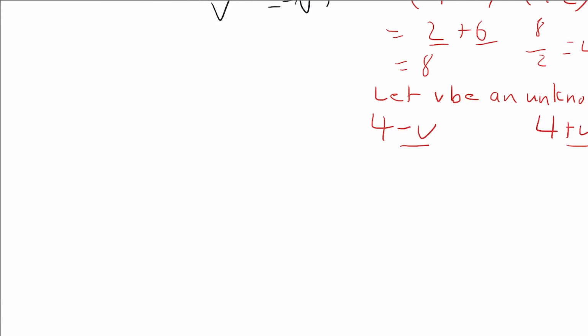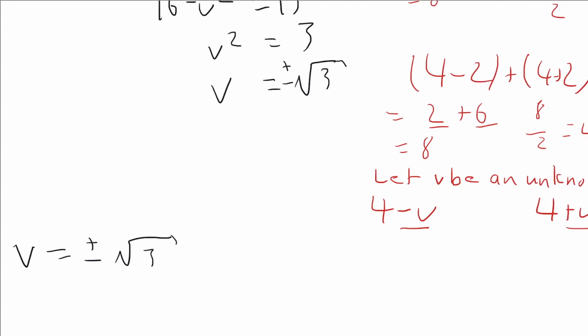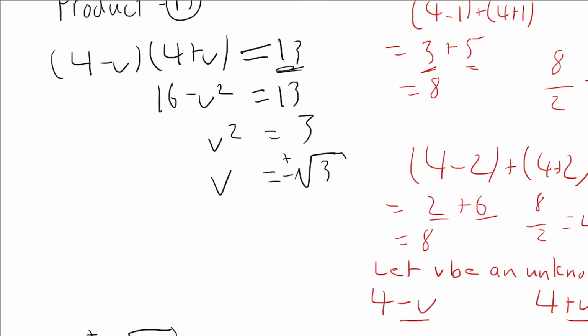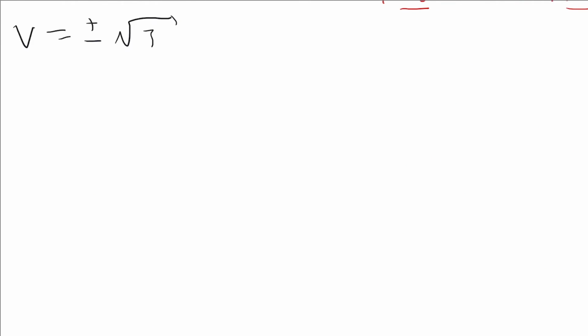So let me just rewrite this down here. v is equal to plus or minus the square root of 3. So we know what v is, so let's just take one of our solutions. Just suppose we have 4 minus v. Now let's sub v is equal to the negative square root of 3.